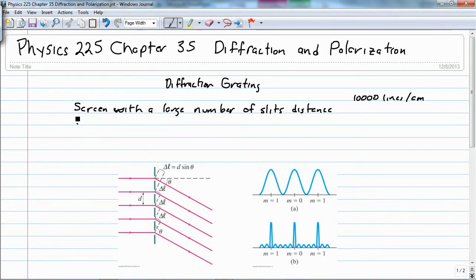And you have transmission gratings that are cutting glass, or transparencies.